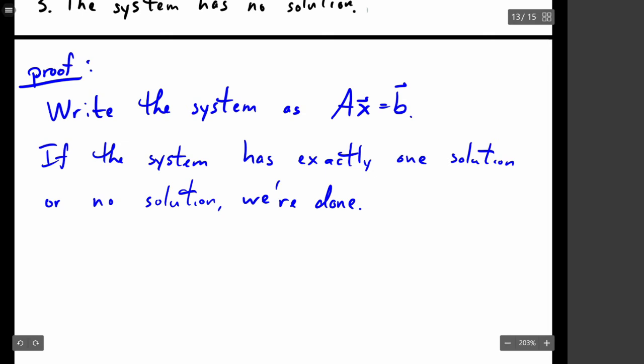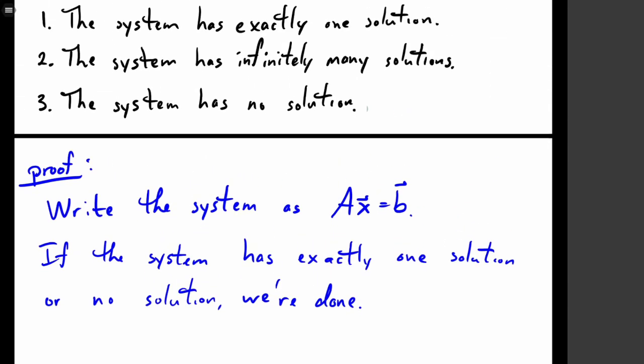It seems kind of weird to say this, but we want to show that we have to land in one of these three situations. If there's no solution, there's nothing left to show. If there's exactly one solution, again, there's nothing left to show. So what if there's more than one solution? We need to say that if there's more than one, then there have to be infinitely many. That makes sure we know there's none, one, or infinitely many.